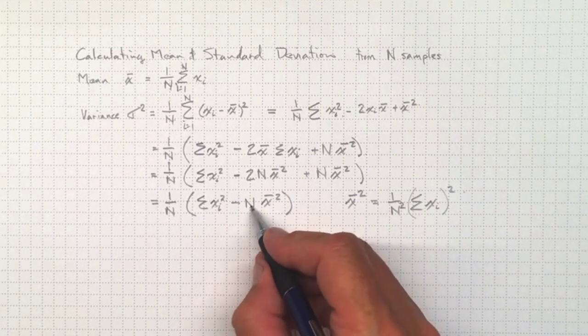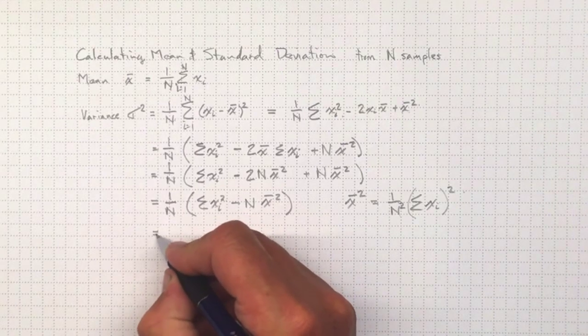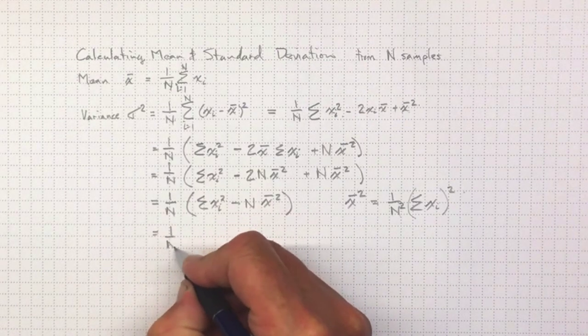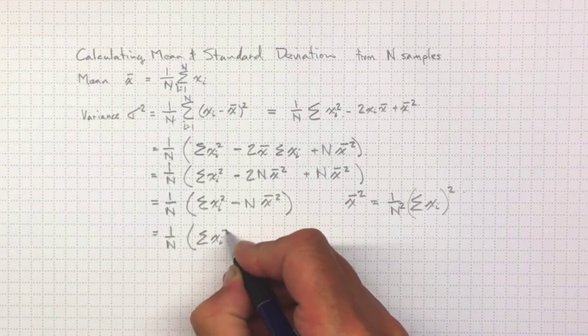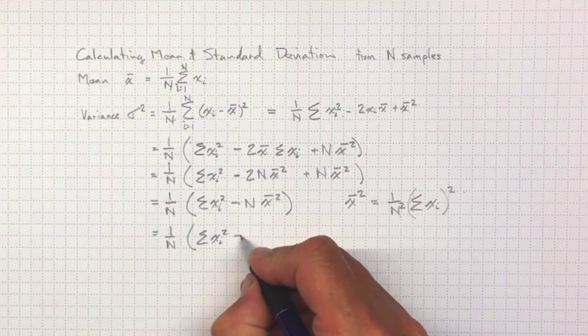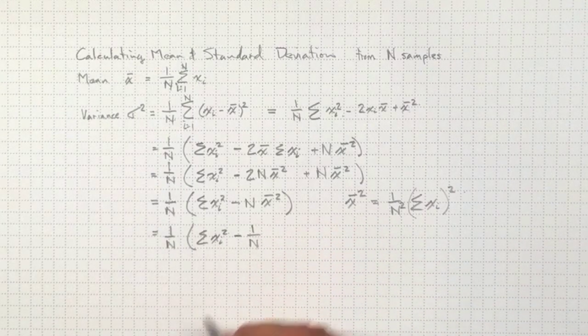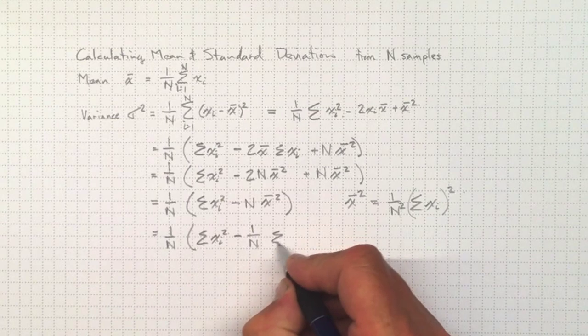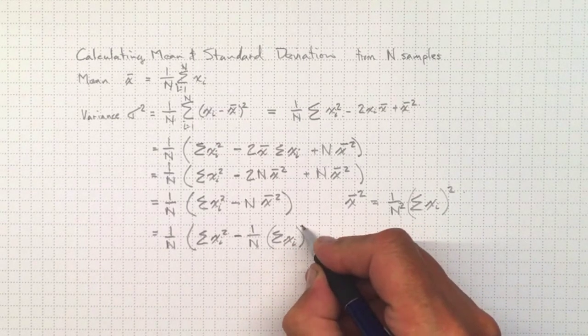So 1 over n squared times n will just give us 1 over n. So it'll be 1 over n times the sum of xi squared minus 1 over n times the sum of xi, all squared.